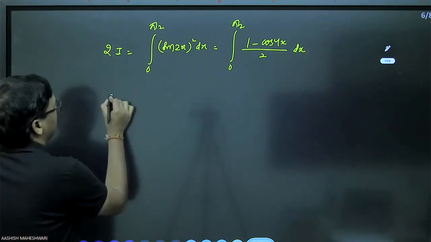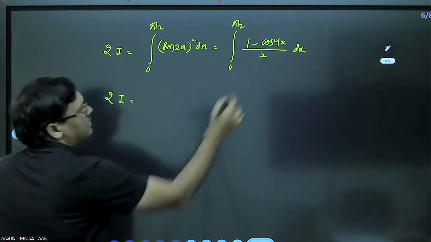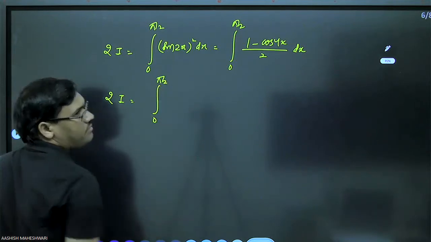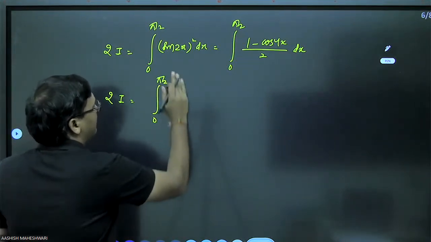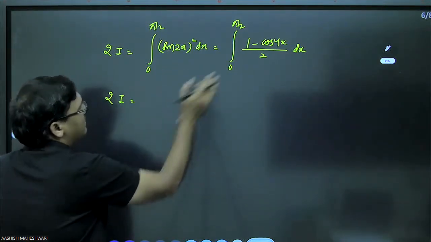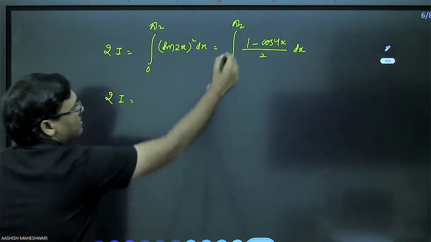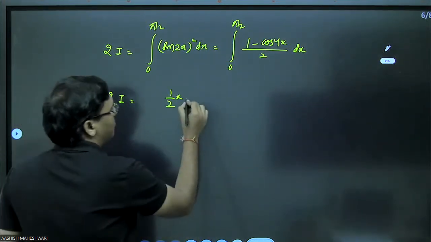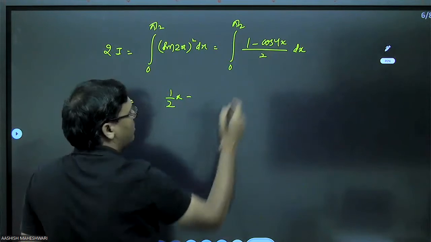And what is this integral? I can directly write this. This is a simple integration, you can easily solve this. This is 1 by 2 x minus, what is the integration of cos 4x?